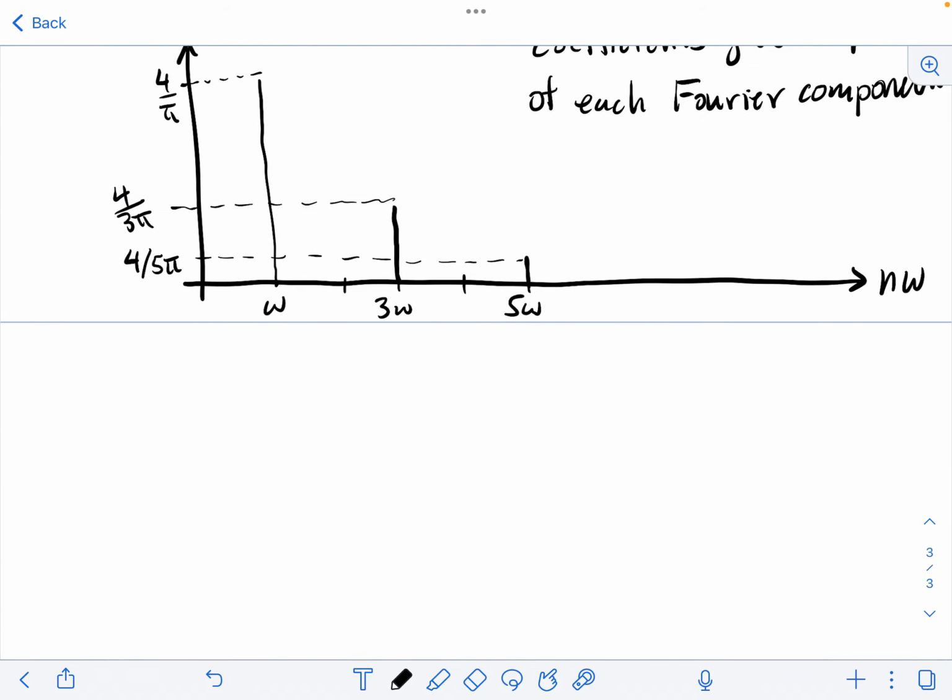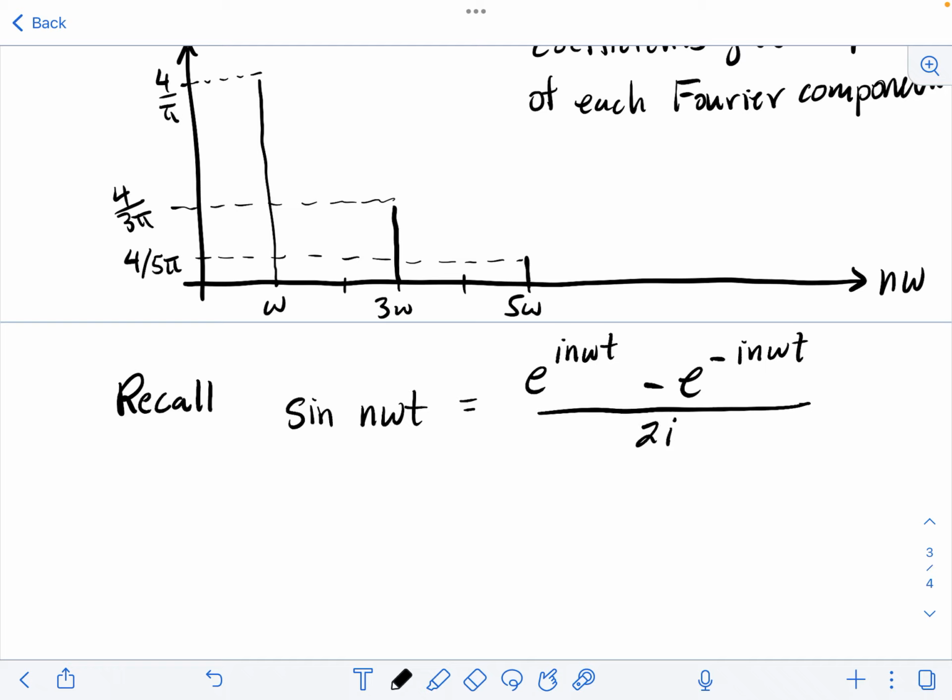To do that, let's just recall that sine n omega t is equal to e to the i n omega t minus e to the minus i n omega t over 2i. And cos n omega t is equal to e to the i n omega t plus e to the minus i n omega t over 2.